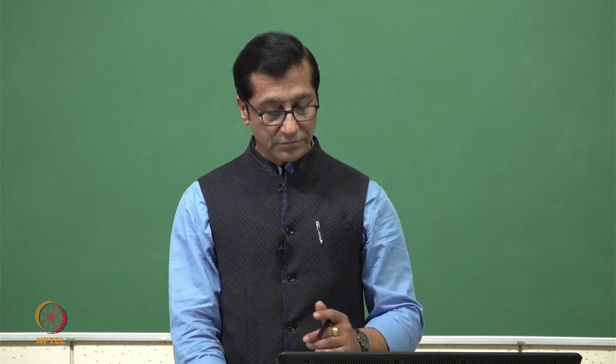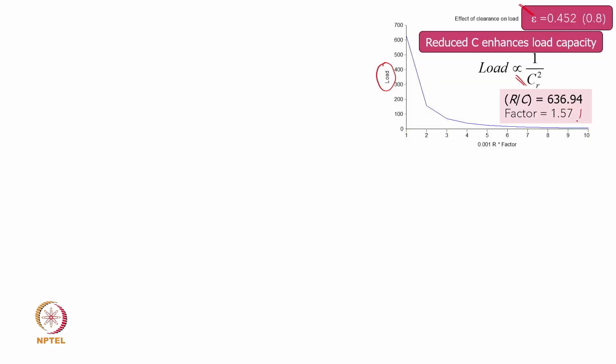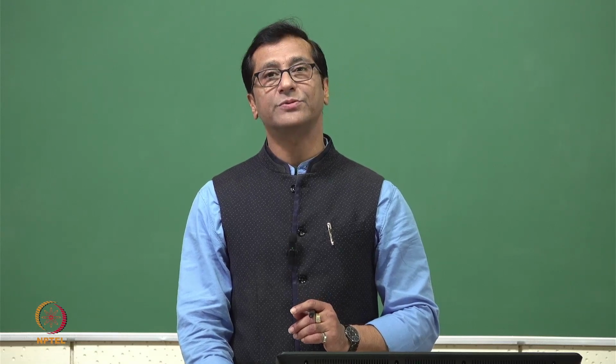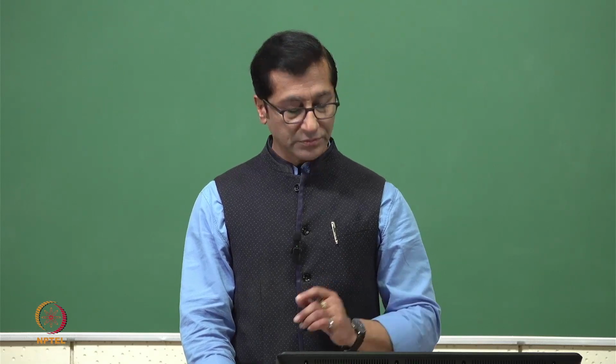And then what we selected, we recommended R by C as 1,000, and a factor has been given, which comes out to be somewhere here 1.57. So if I reduce it to 1, load carrying capacity is increasing, eccentricity ratio will further come down, and attitude angle will reduce. So this is not the right option to reduce the clearance.